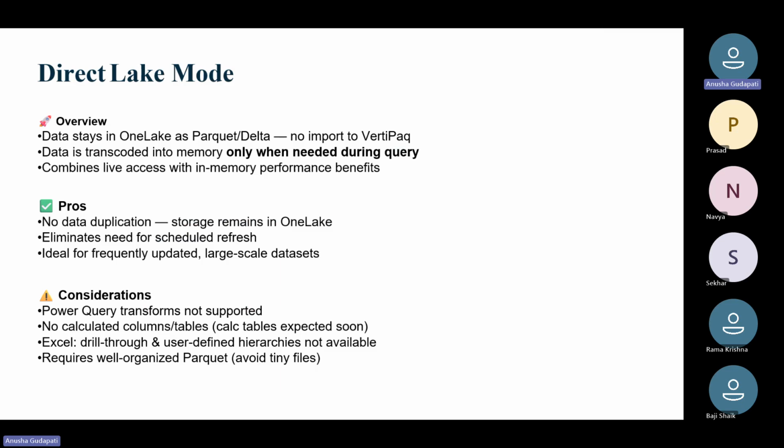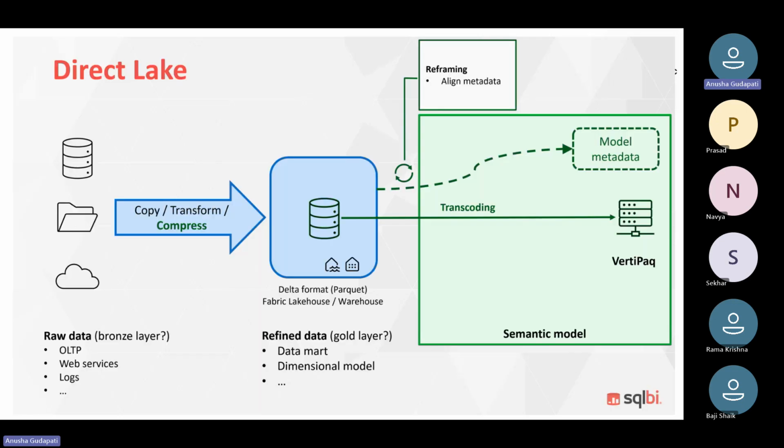Now let's walk into understanding what a direct lake mode is. Fabric calls direct lake a breakthrough technology that it has newly brought in. So let's understand the architecture behind direct lake and what makes direct lake special.